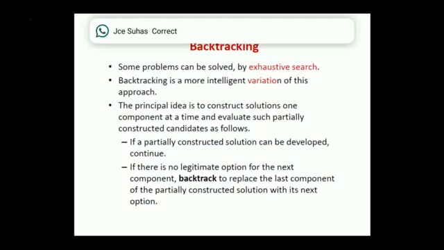If there is no legitimate option for the next component, no alternatives for any remaining component need to be considered. In that case, the algorithm backtracks to replace the last component of a partially constructed solution with its next option.